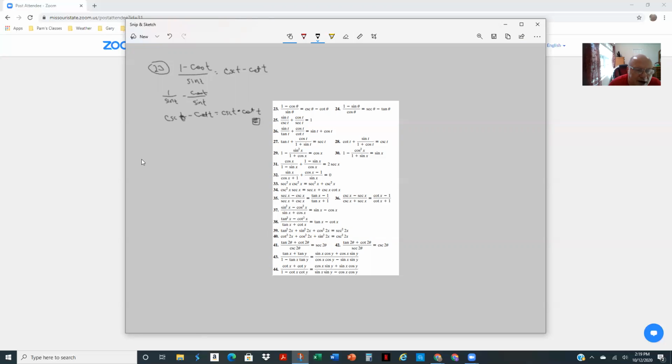Now, they get a little bit more complicated. If you look at number 29, okay, 1 minus the sine squared of x all over 1 plus the cosine of x equals the cosine of x. It's very easy and very tempting when you're seeing these problems to ask, what's the point of this?